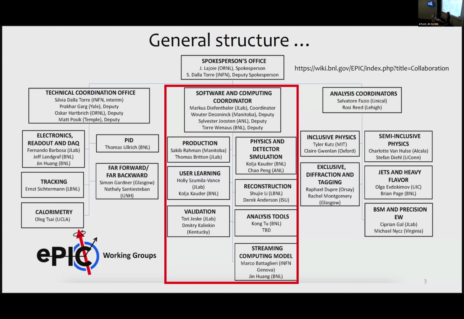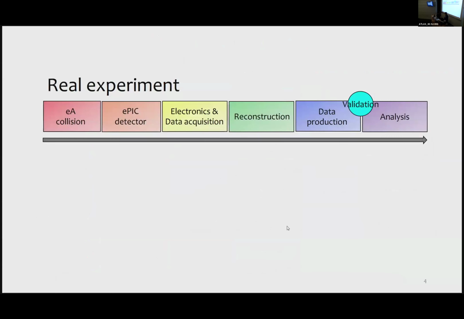Depending on what you're doing, you may need to interact at some level with these groups, whether you're joining them or asking them for things. In a very general way, we can talk about a real experiment.